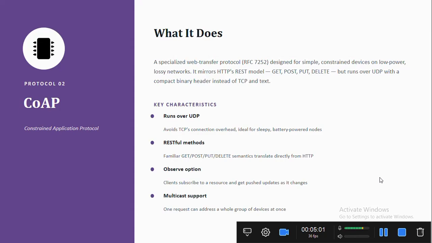Key characteristics: it runs over UDP, the datagram protocol. So it avoids TCP's connection overhead, and is ideal for a sleepy state, because it connects under low power, and if the data suddenly connects with low power, it will cut out and then come back again. It suits battery powered nodes.